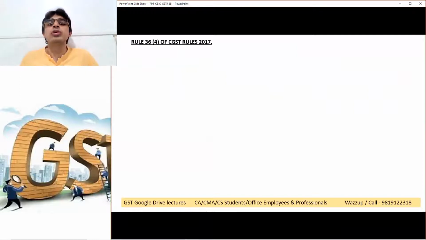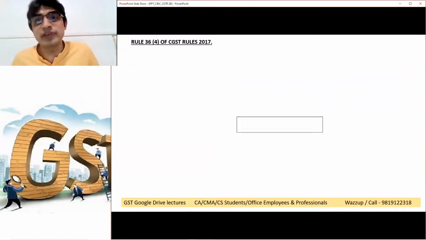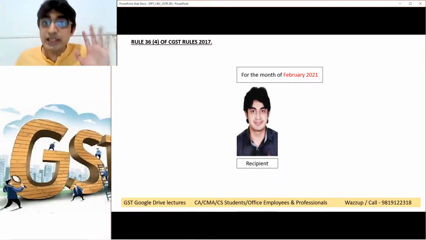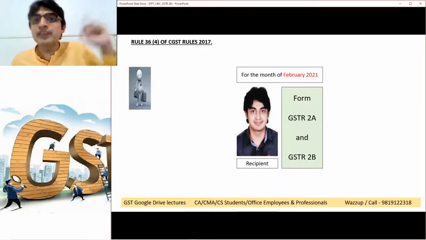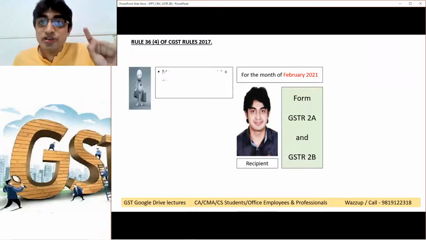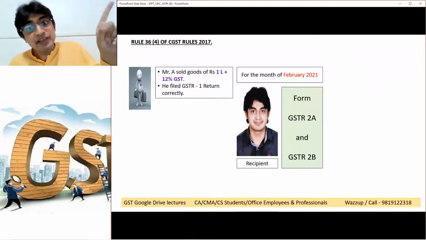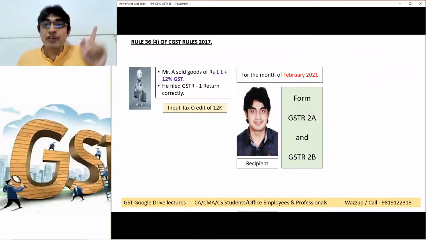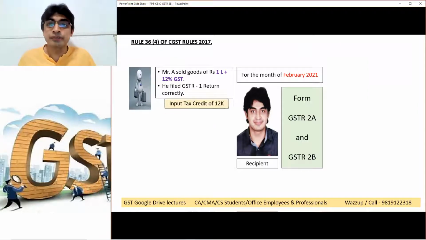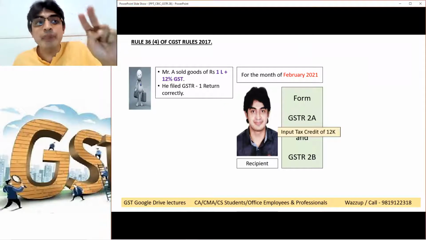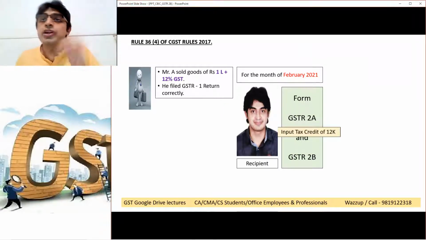Now part 2. What is this rule 36 sub rule 4? What this rule says? Say for example, I'm a recipient. Now from this supplier, I purchase goods of say 1 lakh plus 12% GST. As a supplier, he correctly filed GSTR 1. So this 12,000 ITC got auto populated in my 2A as well as in 2B.